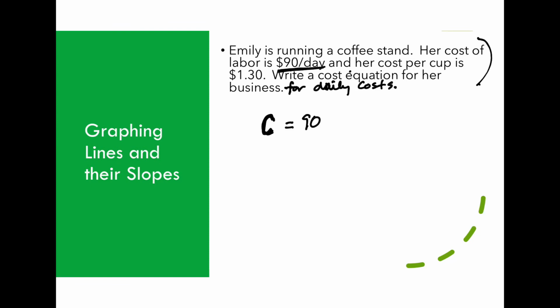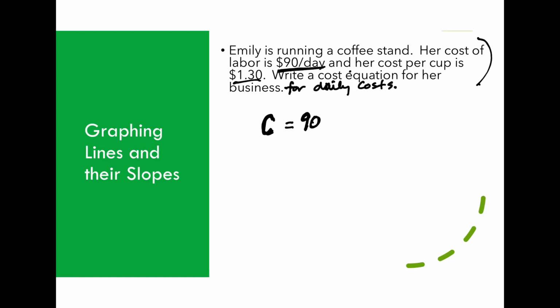But then her non-fixed cost is really based on how many coffees she sells, because each cup, and she's just figuring all the costs, the milk, the syrups, the coffee, the this, the that, comes out to be about $1.30 per cup.